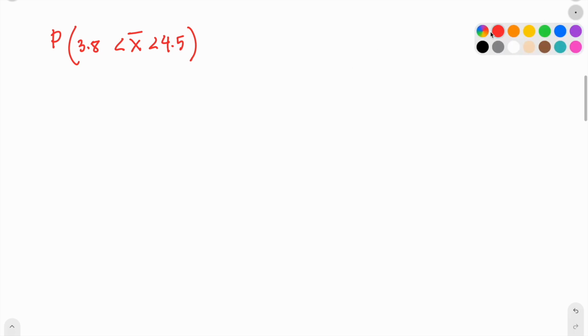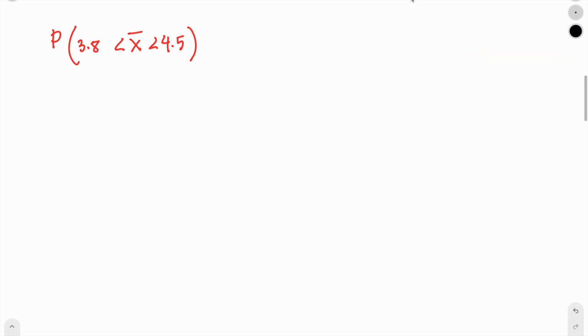If we recall, what we want is the probability that the sample mean is greater than 3.8 but less than 4.5. That's what the problem is all about.